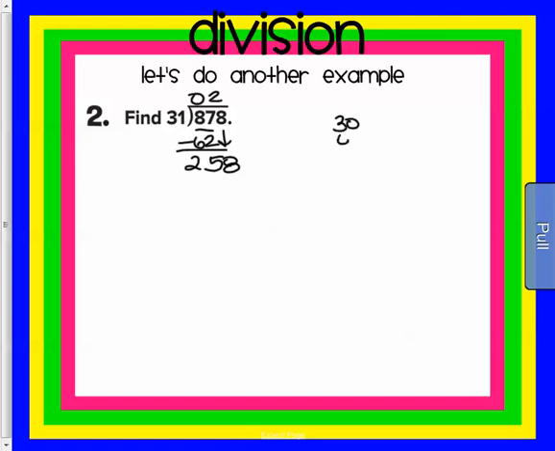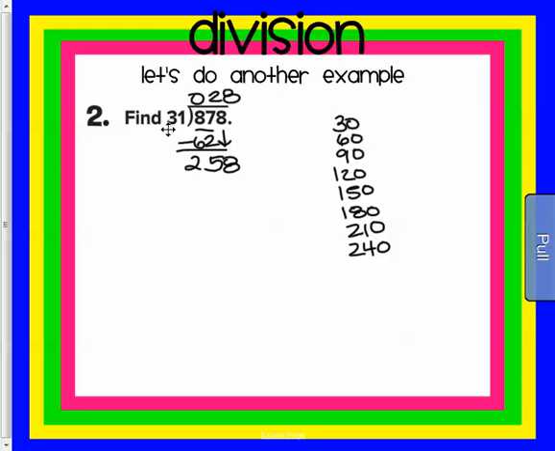Goes 30, 60, 90, 120, 150, 180, 210, 240, and let's pause there. So this is 1, 2, 3, 4, 5, 6, 7, 8 times that it's going in. And 8 times 31, using the standard algorithm, is 8 and 24, so 248.